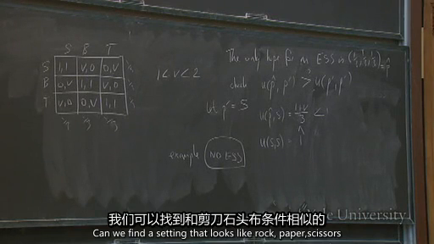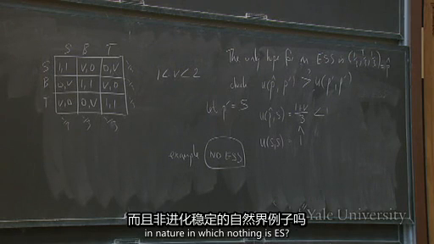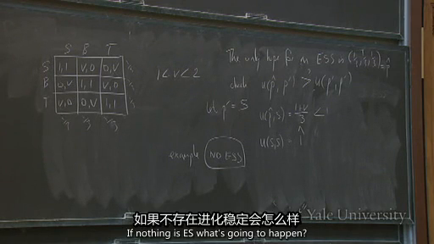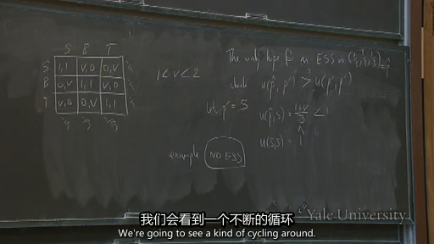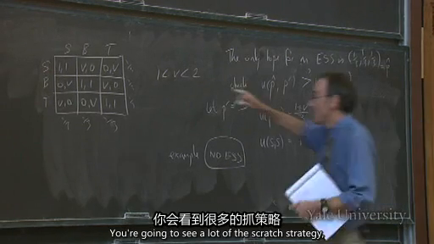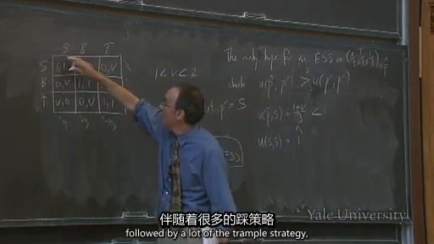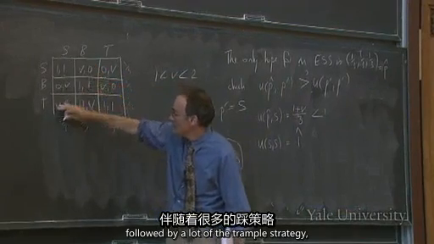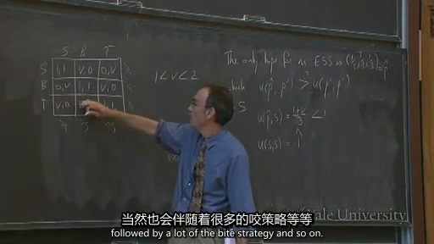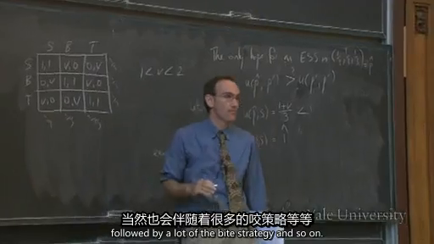Can we find a setting that looks like rock, paper, scissors in nature in which nothing is evolutionarily stable? If nothing is evolutionarily stable, what's going to happen? We're going to see kind of cycling around. You're going to see a lot of the scratch strategy followed by a lot of the trample strategy, followed by a lot of the bite strategy, and so on.